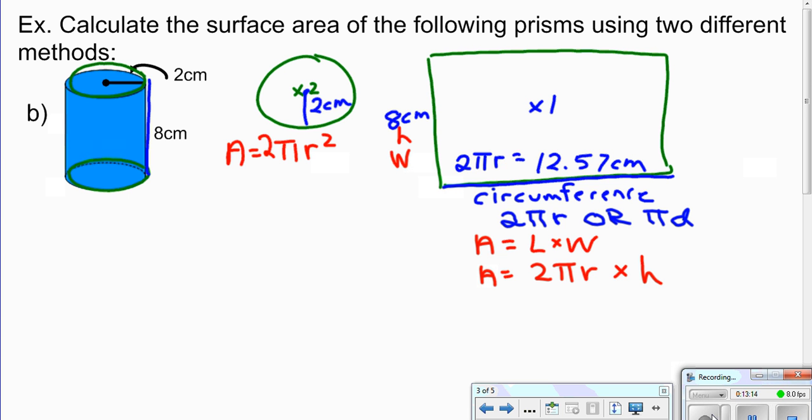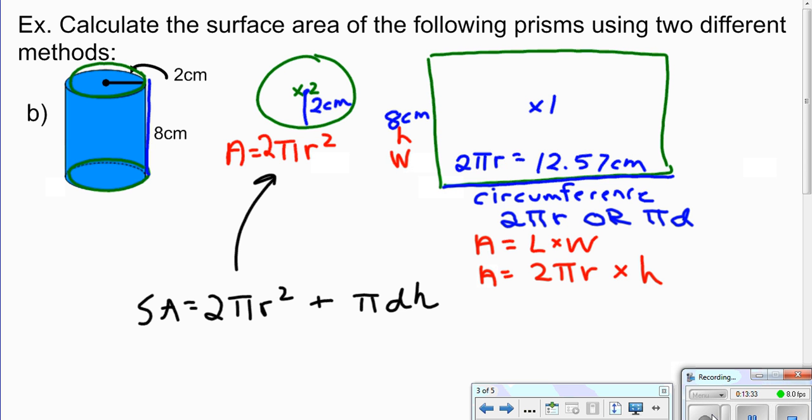So this is actually on one of your formula sheets for surface area. This is one of the ones that we give you. And the formula that you get says surface area equals 2 pi r squared, so for your circles, plus pi times diameter times height.